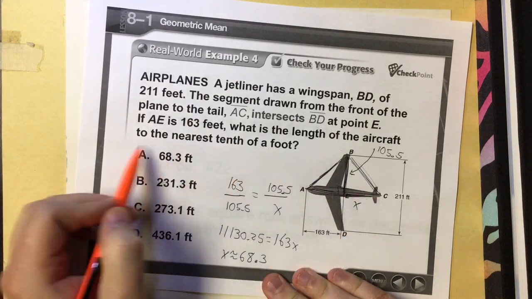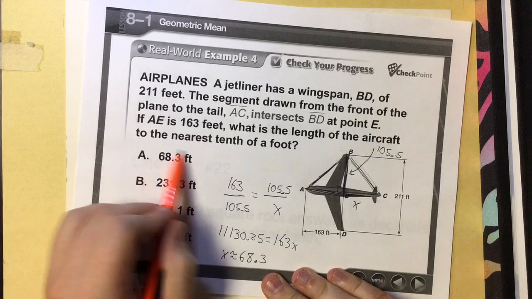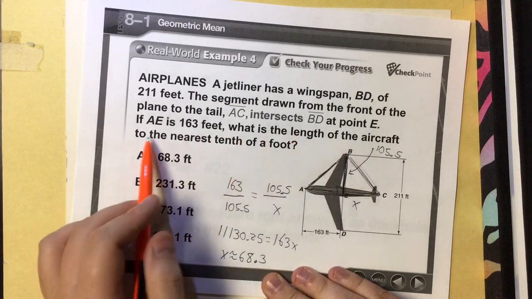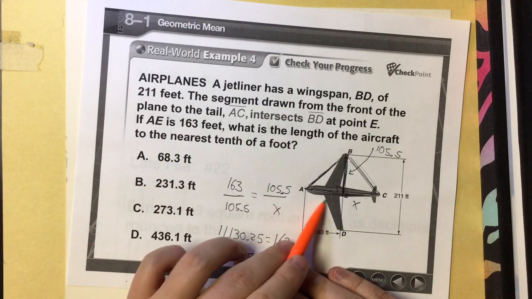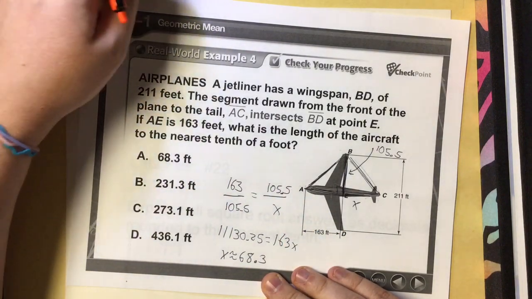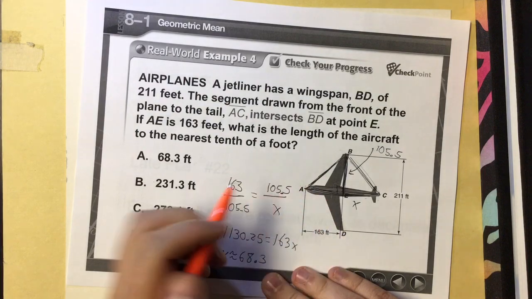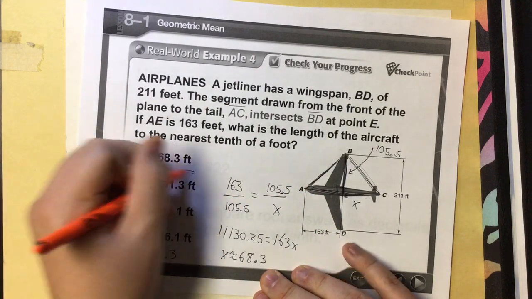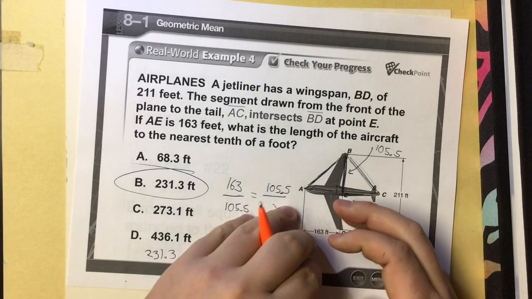So this is 68.3, so you're tempted to circle A, but it does not ask for EC. It wants the length of the aircraft. So we have to add the 163 for this part back in, and we get about 231.3. 231.3.